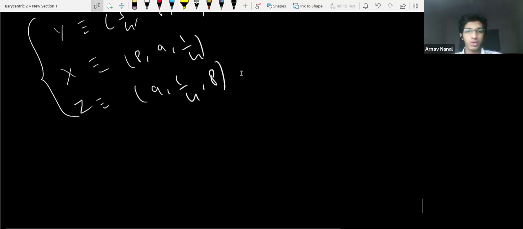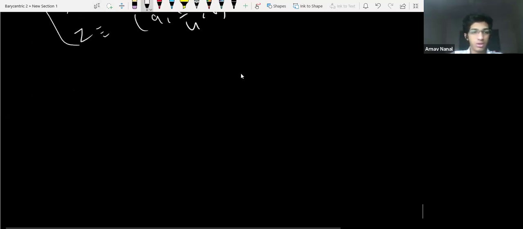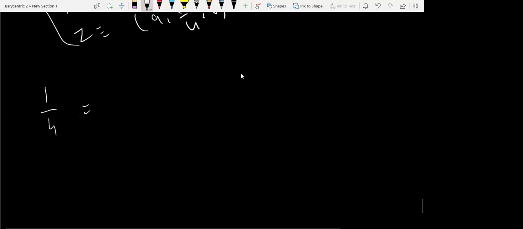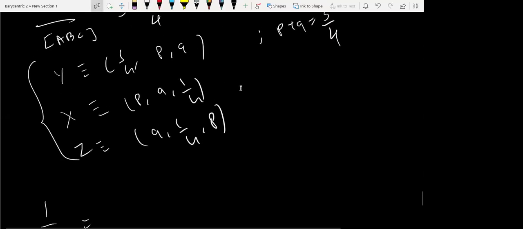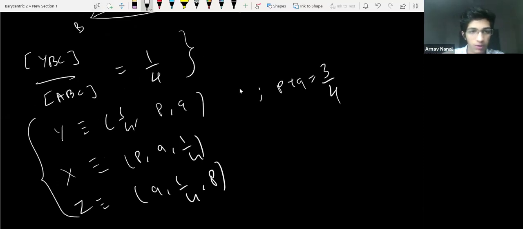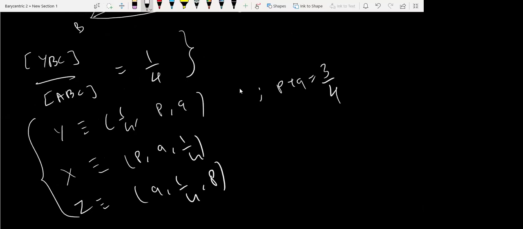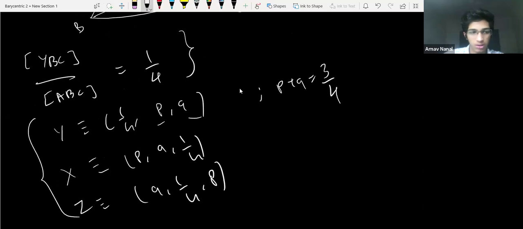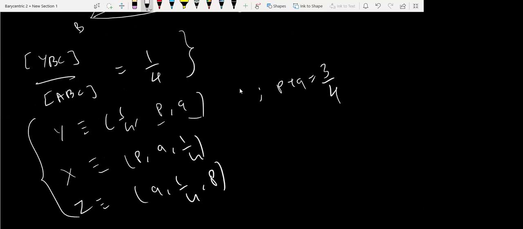Now what we can do is substitute this into the determinant form. Sorry, what do you take as P, Q and R? Where is R? So this is 1 by 4 because you know YBC upon ABC is 1 by 4, that is given to us. And p and q are the other barycentric coordinates, which can be expressed.